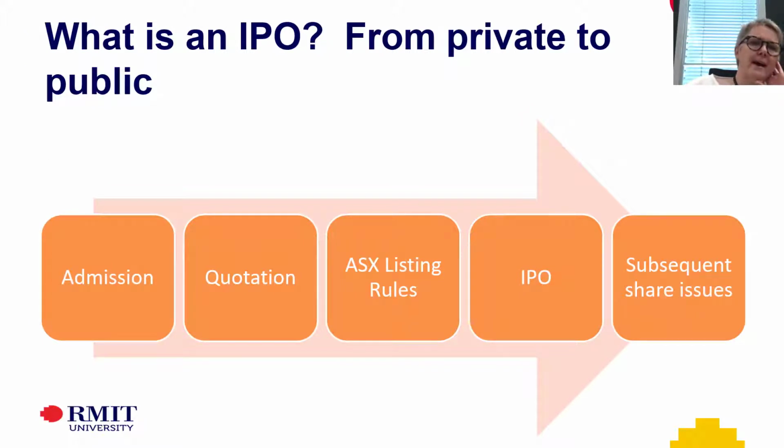So IPO is that catch-all phrase that effectively pulls together a number of different processes. It is possible to make offers to the public using disclosure, complying with the law, and not actually listing on a stock exchange. But at the end of the day, that's pretty rare.